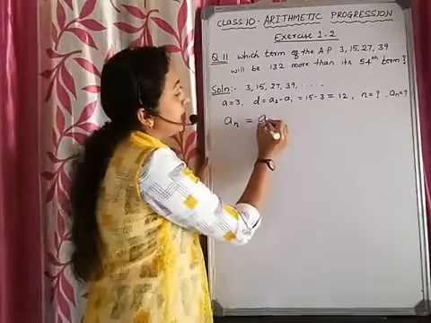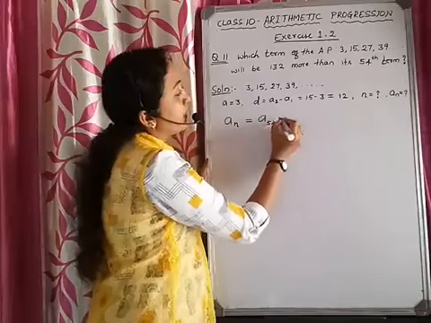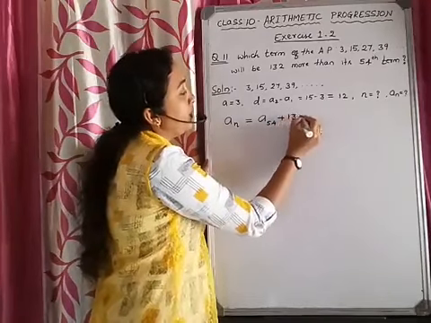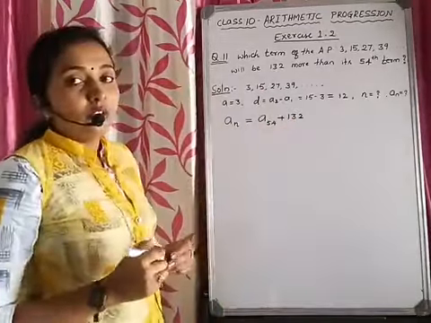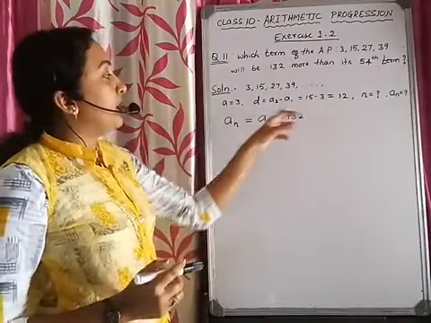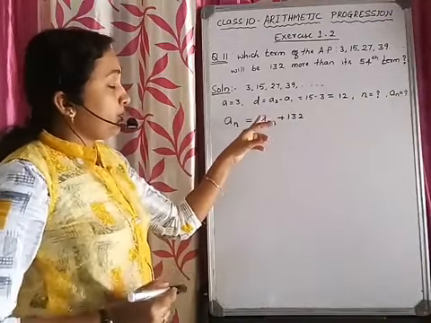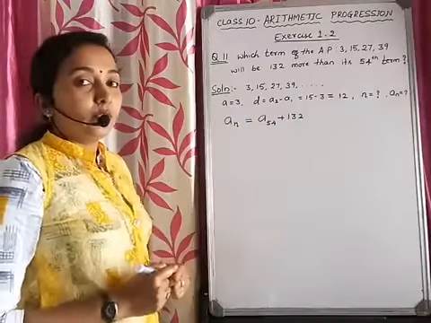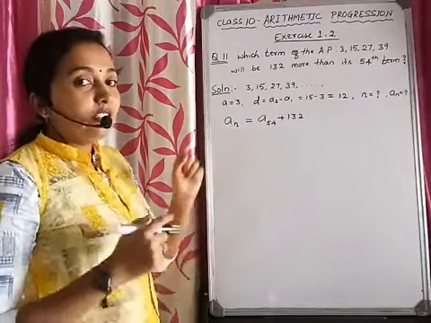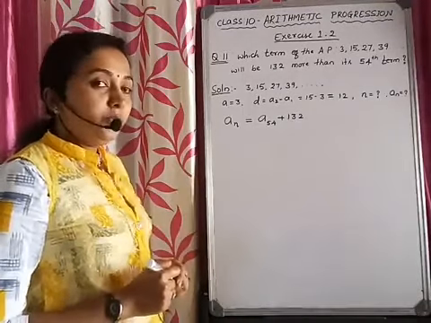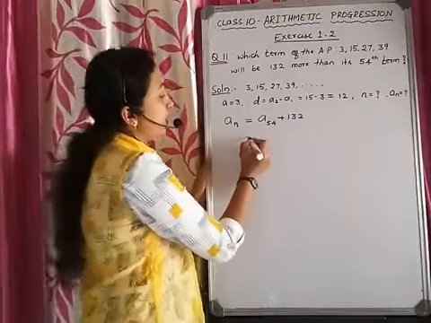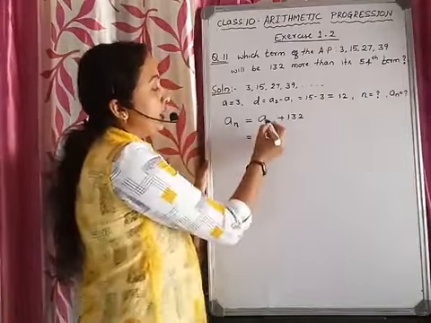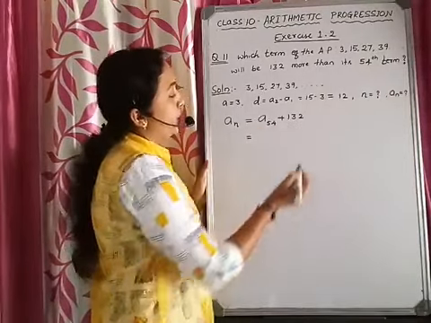That means A54 plus 132. One of the terms of this AP is equal to A54 plus 132. We have to find that term. Understand, children? Okay. So let us solve this. So let us take the general form of A54.